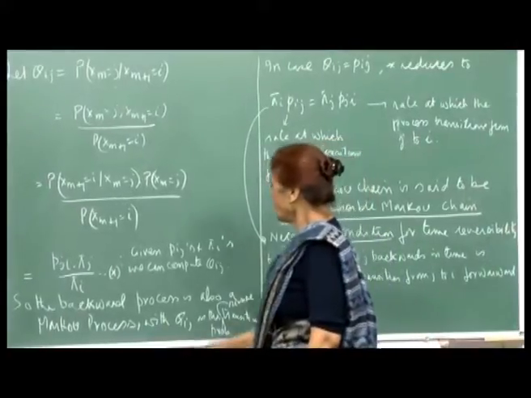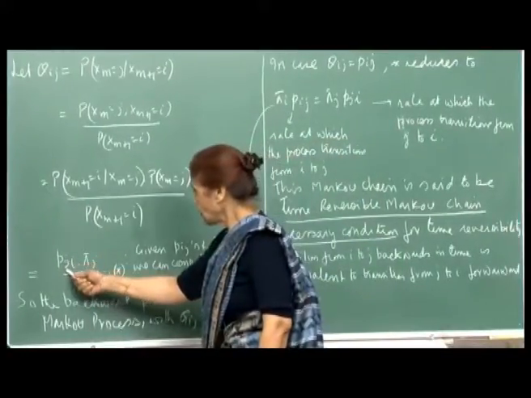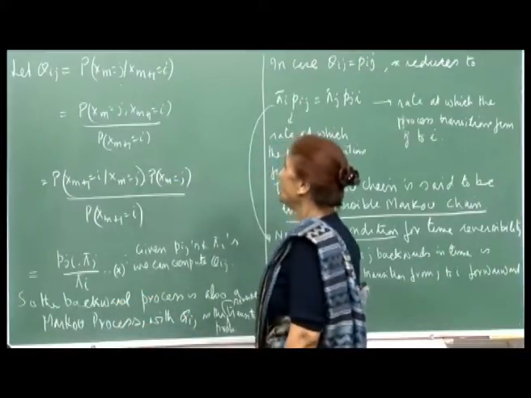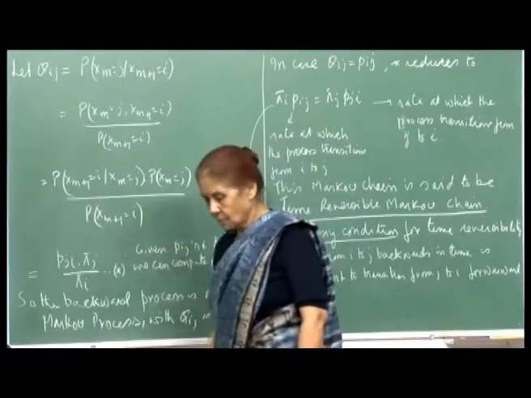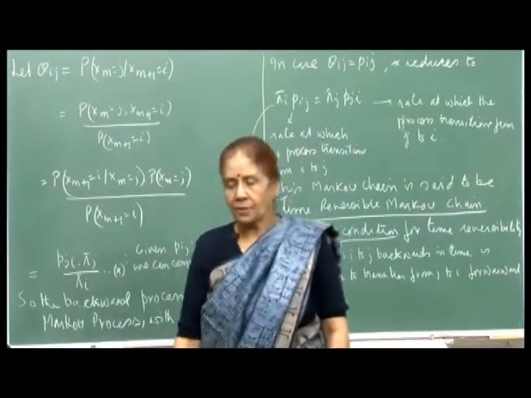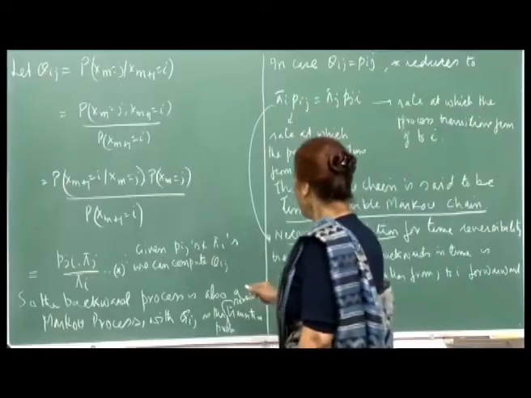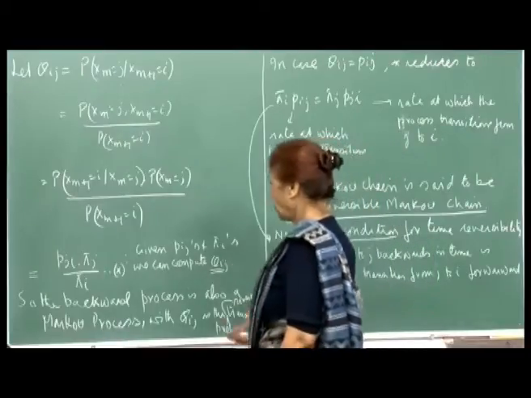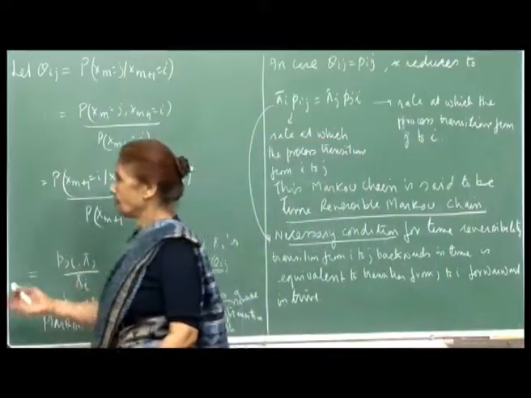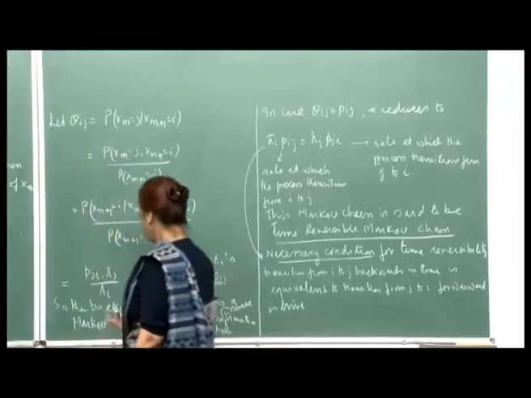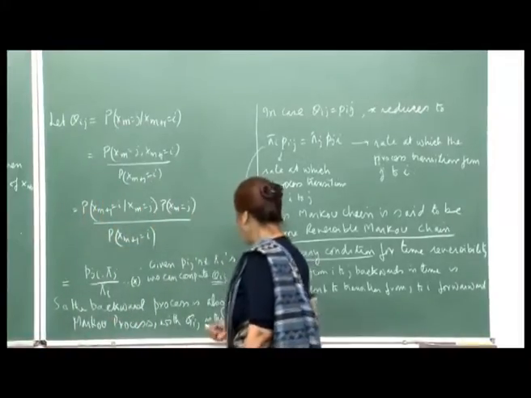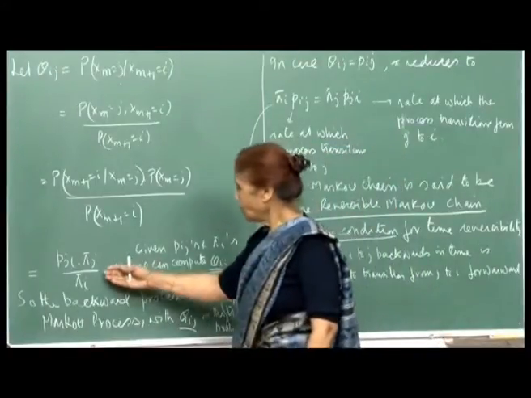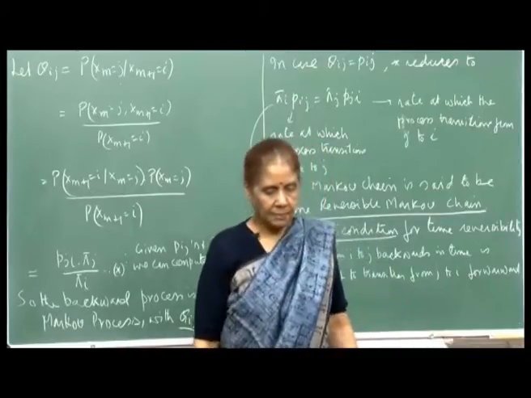So, that means given the transition probabilities and the stationary probabilities, I can always compute the q i j's, which are the reverse transition probabilities. And so, therefore, the backward process is also a Markov process, and the reverse transition probabilities are also available given the regular Markov process.